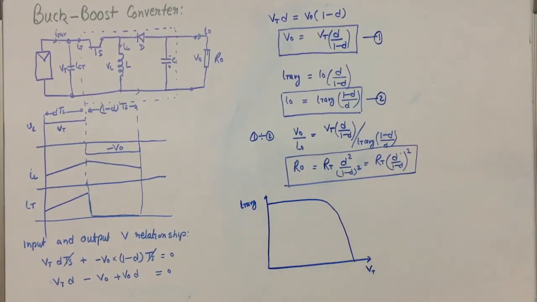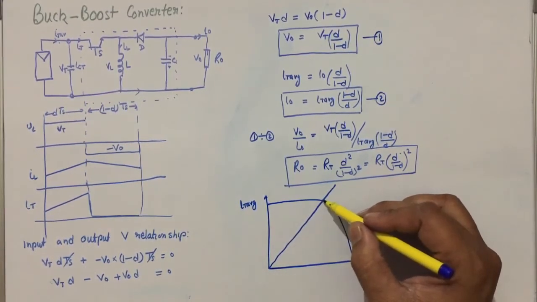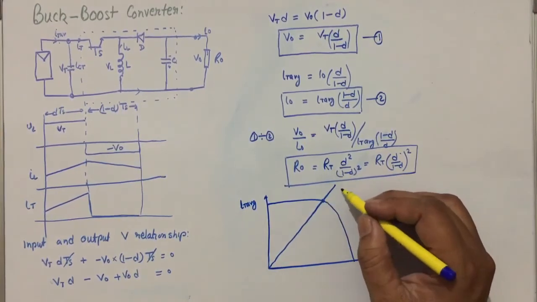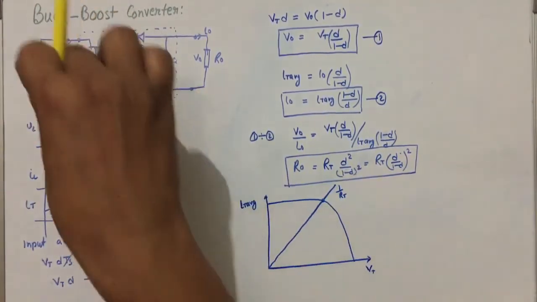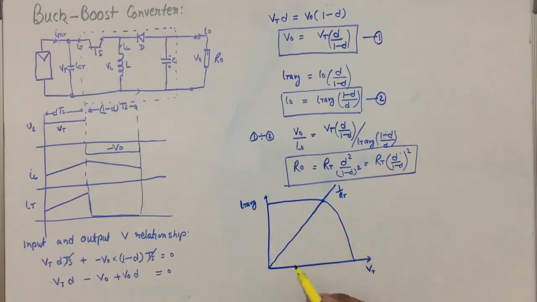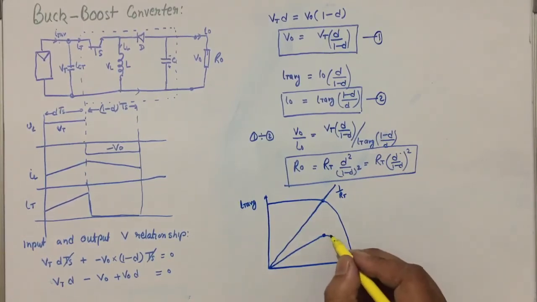The IV characteristic will be like this, and for the time being consider a load line which is operating at this point. This has load resistance, and this has terminal resistance RT. The corresponding maximum power point on the PV curve is this, termed as MPP, and the point is PM.